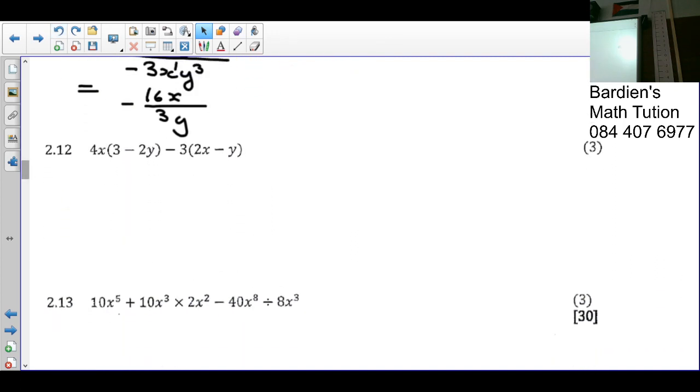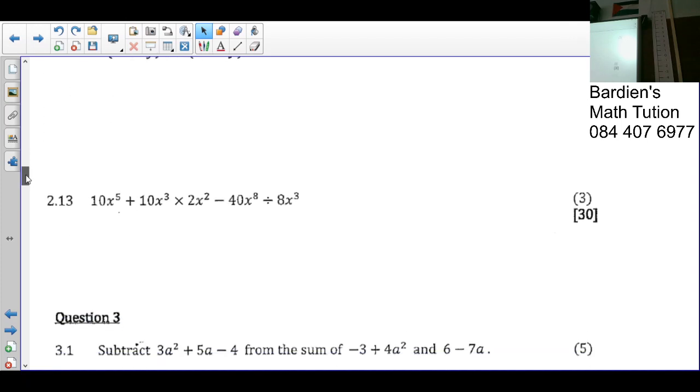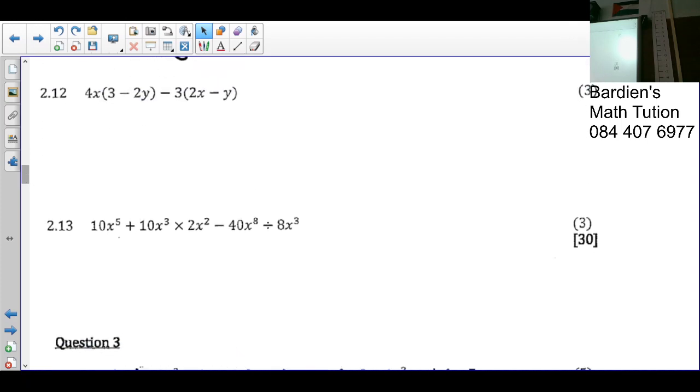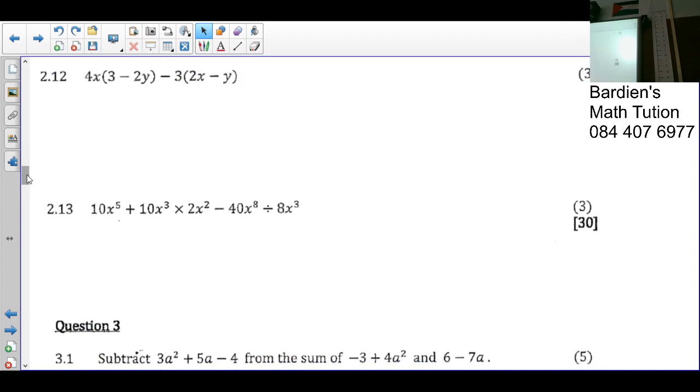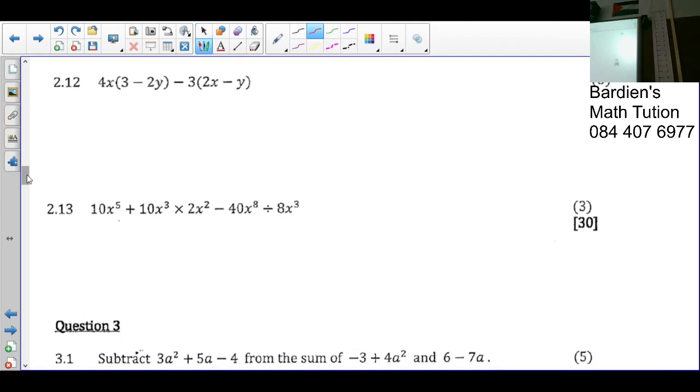Right, next. What do we have to do first here? Distributive law, get rid of the brackets. Not so? How many terms are there? 2 terms. What separates terms? Plus and minus, well done. Another word for 2 terms is what? Binomial. Will you multiply in?